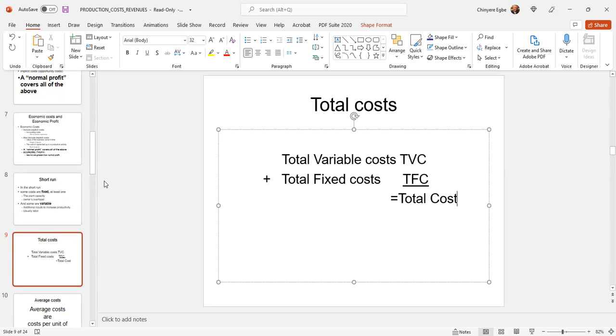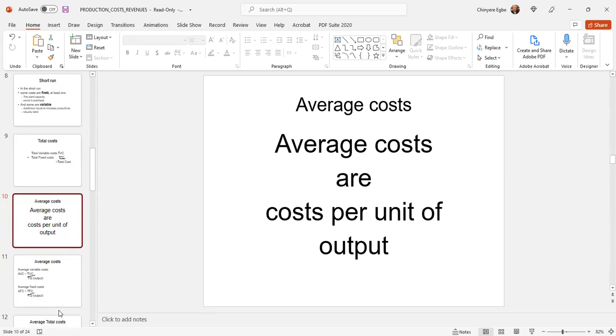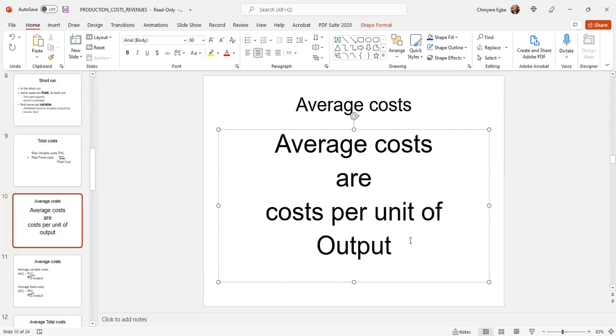So that's your cost. Now, average cost is cost per unit, which is total cost divided by quantity of output.